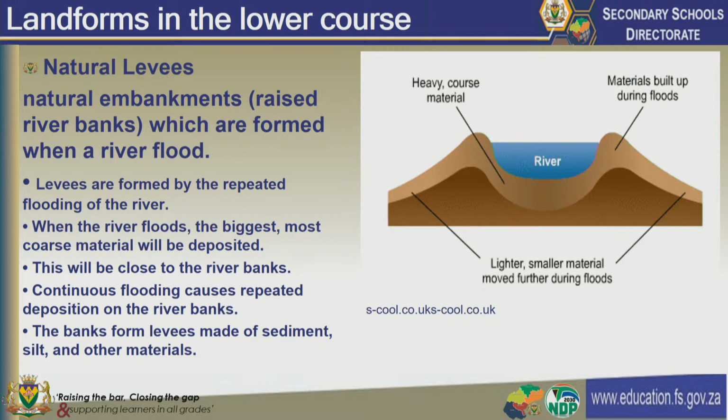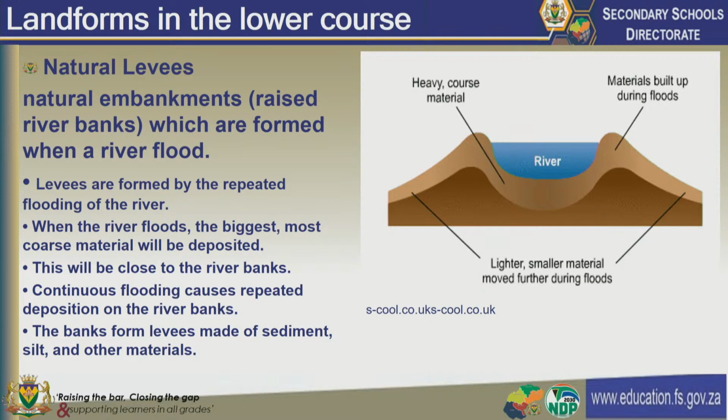Now, what happens if there is continuous flooding of this river? Obviously, the river banks will be raised because more deposits that are heavy material will be just next to the sides of the river banks. Now, the result thereof is a landform that we call natural levees.